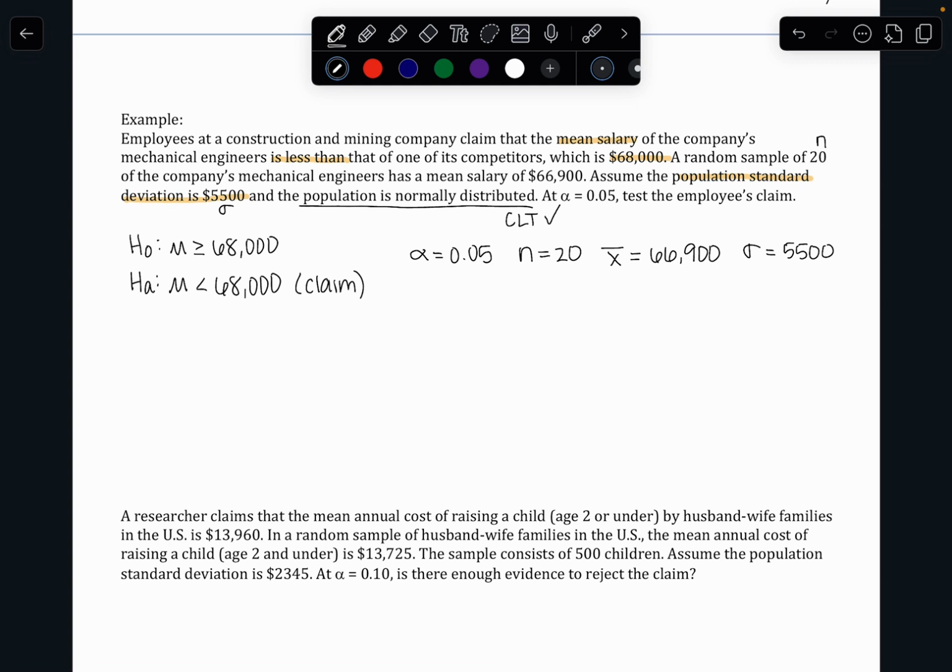Okay, so now we're ready to determine the critical value and sketch our rejection region. So I'm going to start off by sketching just our normal curve. Because we have less than, this tells us that we are left-tailed, which also tells us that our critical value will be negative.